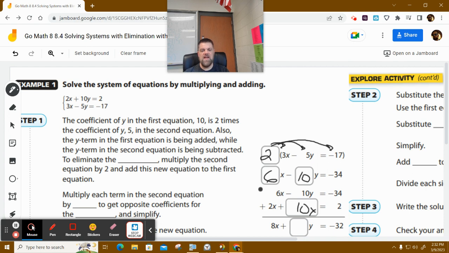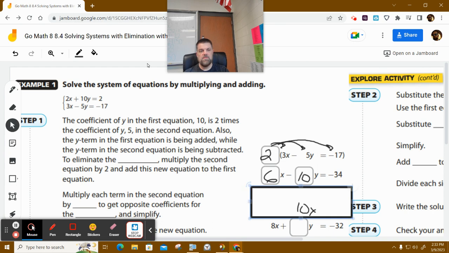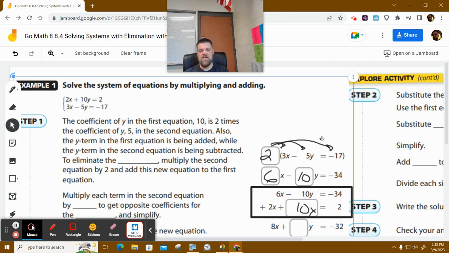And so when we do that, if I add that up to the original equation, which is a positive 10y, if I focus on that math there, the 10y's will cancel, right? Those are y's. So by multiplying that second equation, I can eliminate the y terms, right?